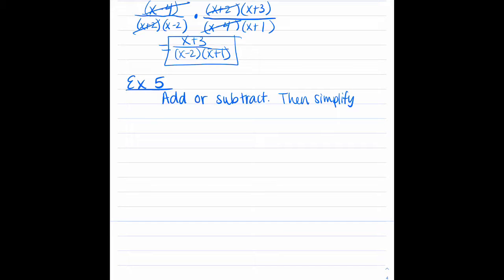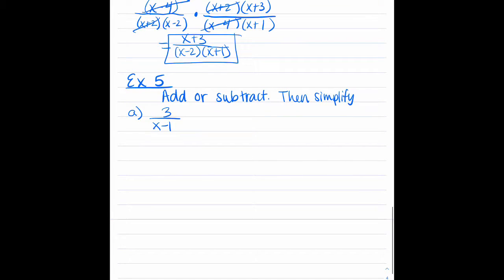Okay, so A is 3 over x minus 1 plus x over x plus 2. Whenever you add, you need to make the denominators look the same.